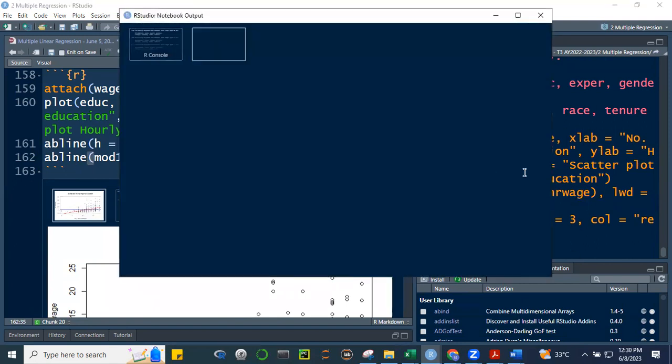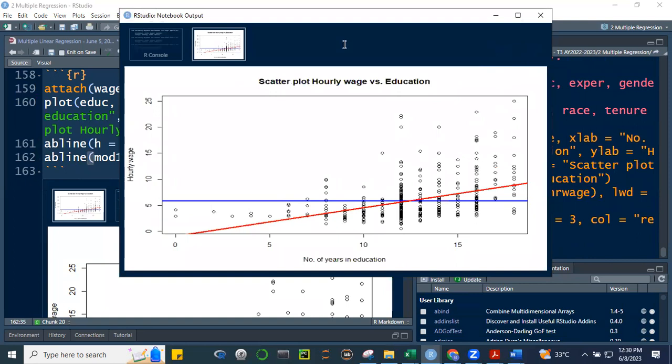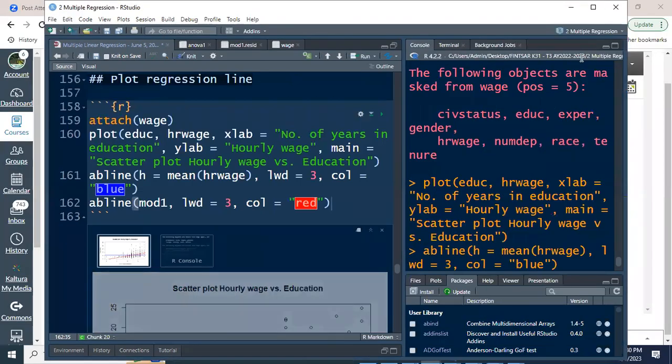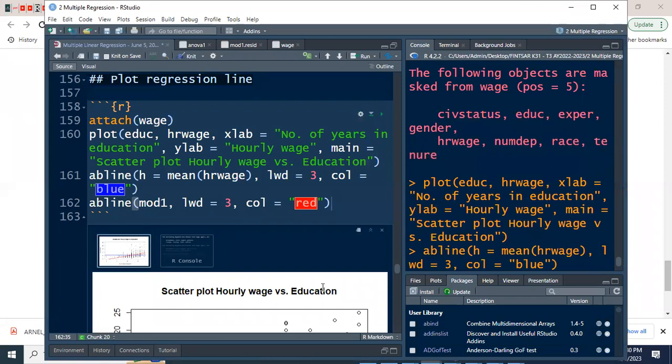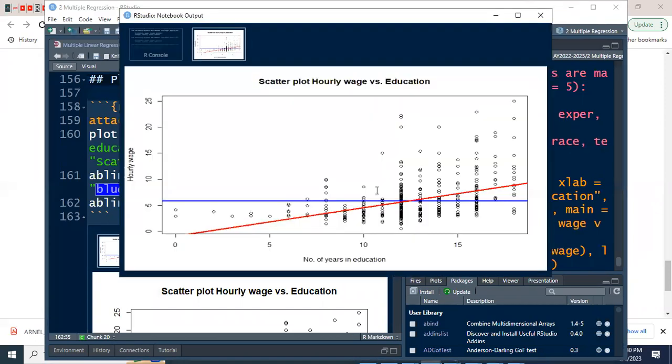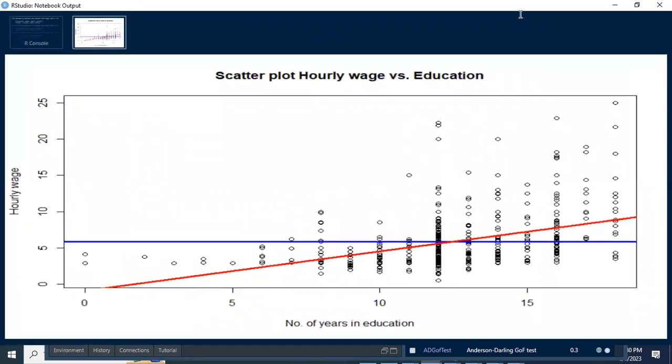Okay, nasama na si regression line. Yan. Hindi makita yung... Okay.